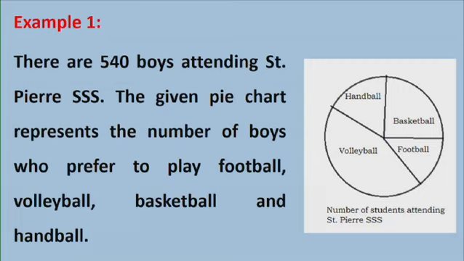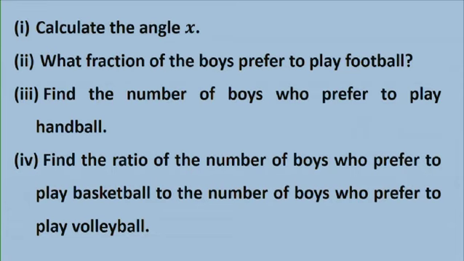There are 540 boys attending Saint-Pierre SSS. The given pie chart represents the number of boys who prefer to play football, volleyball, basketball, and handball. So the information has already been given on your pie chart. The questions are, firstly, calculate the angle x.